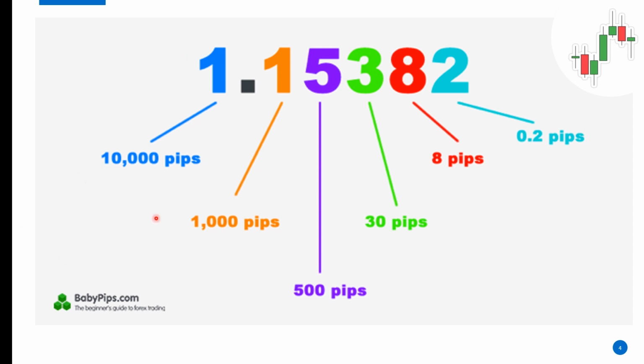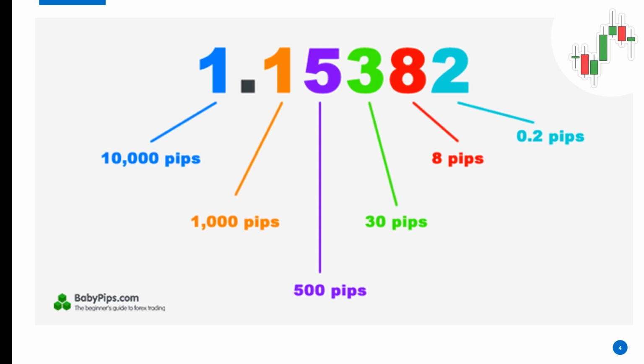I would like to take you through this particular image. We have a quote here given as 1.15382. Remember I mentioned that the 4th decimal place is what you call a pip. So assuming this particular quote increases by 1 pip, then the price will be 1.15392.